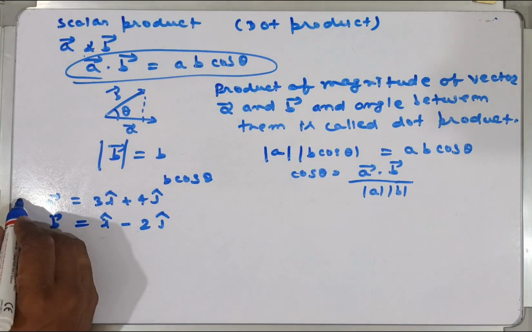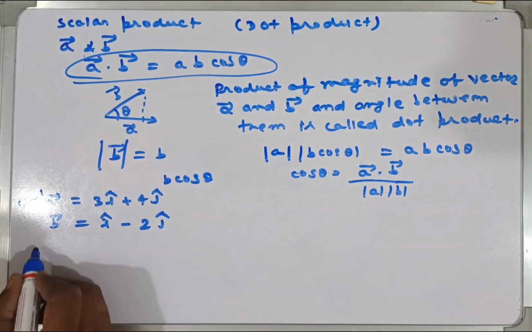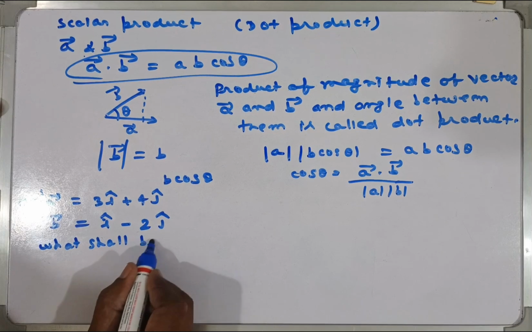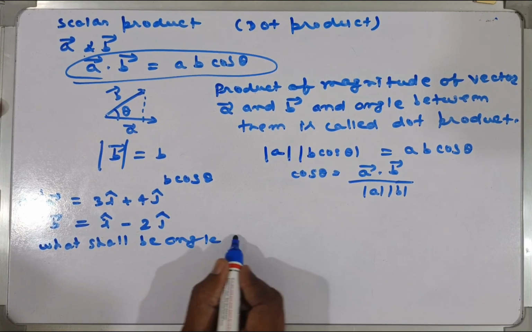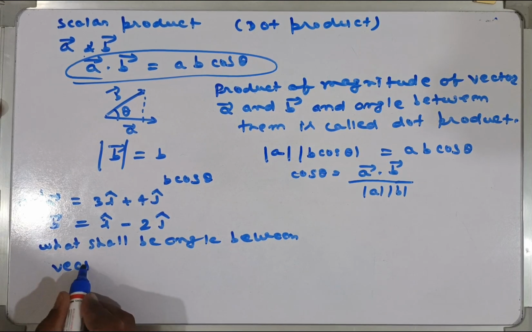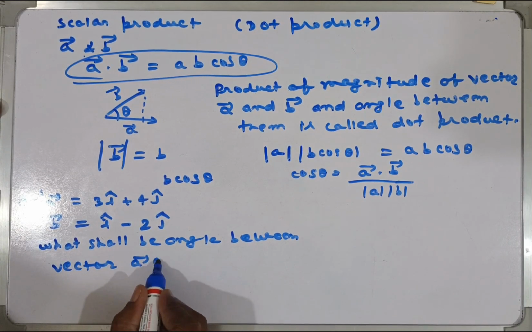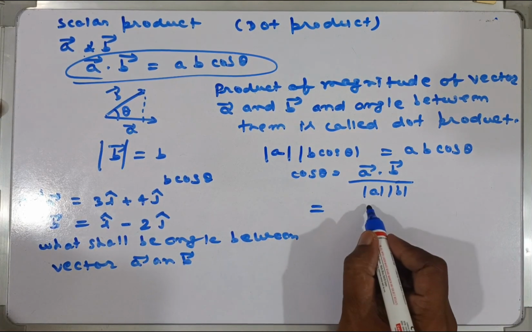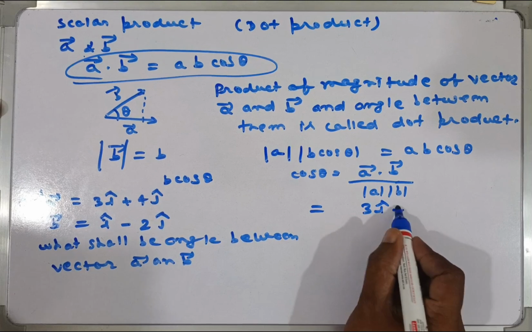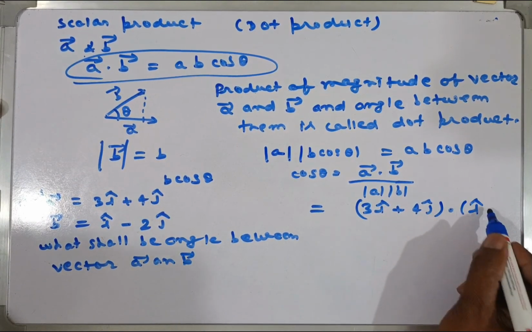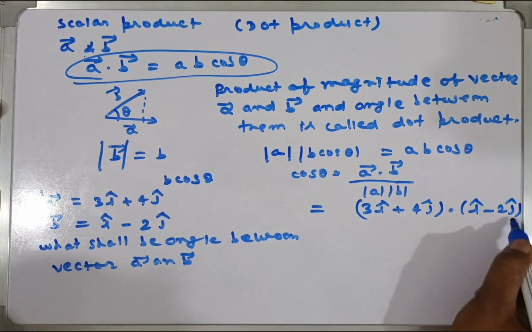So your question is, what shall be the angle between vector A and B? A equals 3i cap plus 4j, and B equals i minus 2j.